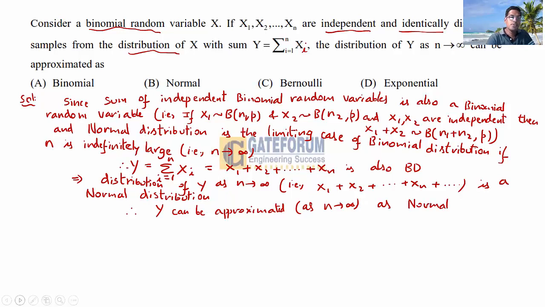Okay, so the answer is normal. That is, the sum of infinite binomial random variables is a normal distribution. So accordingly, option B is the answer. This is the end of the question.